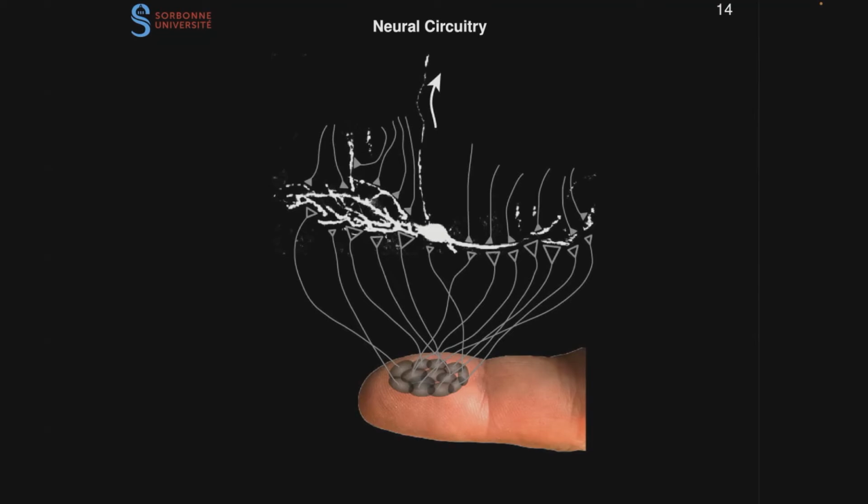But contrary to what is often assumed, it's a very different type of architecture, actually. All the inputs for a single cell arise from very large regions of the skin. It could be, by extrapolation from a small animal to a human, that one cell would receive inputs from the whole fingertip.